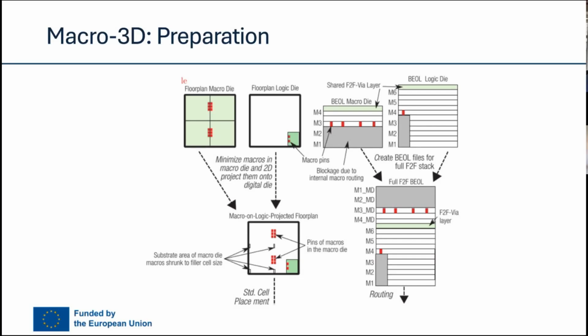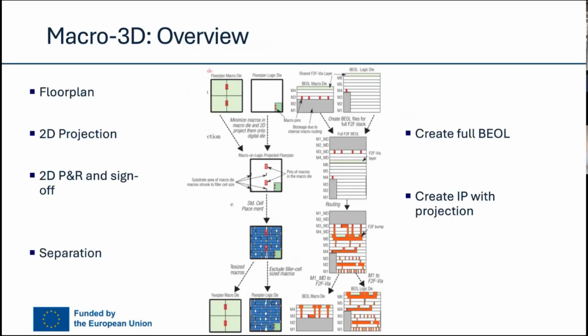This is what we call here M3MD. So we need one step where we adapt all the IPs that we are going to use into the, let's say, die where they belong. Good. So here you have seen these two parts, creation of the full stack and creation of the IP.